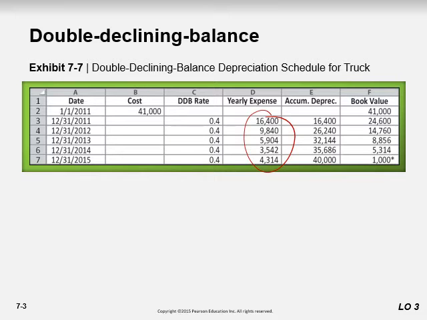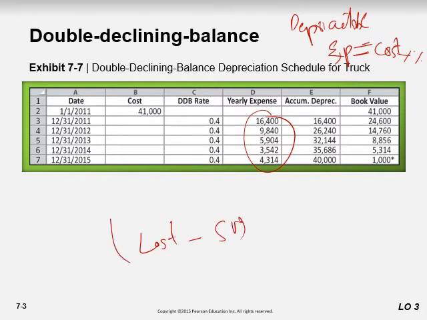So remember, the depreciable expense would be asset cost multiplied by the double declining rate. So remember, it is not like cost minus the salvage value and then multiply it with the double declining rate, right?